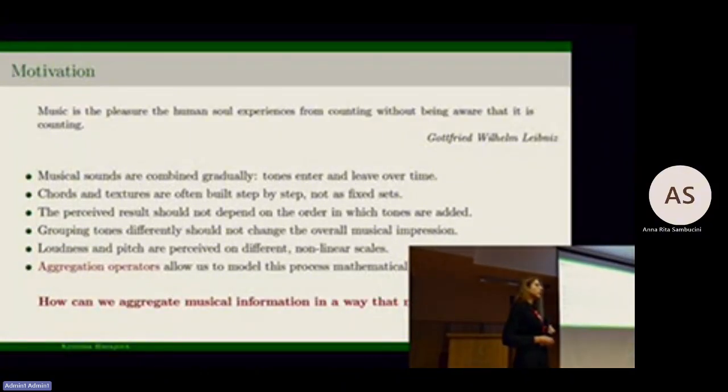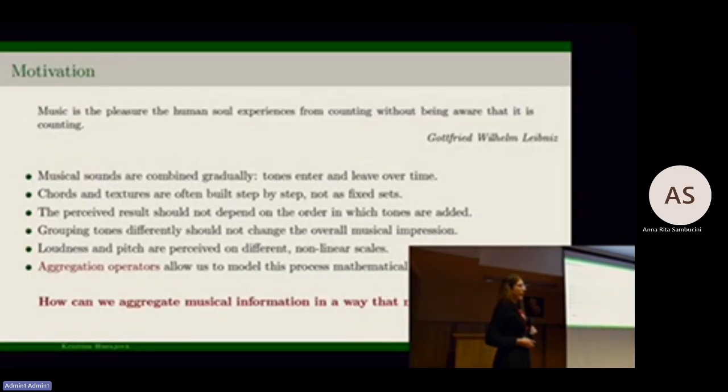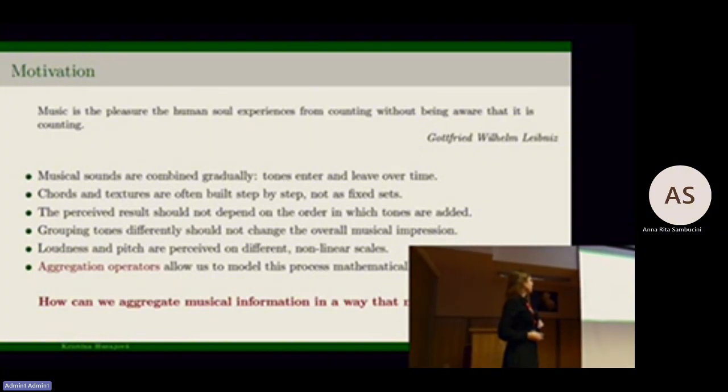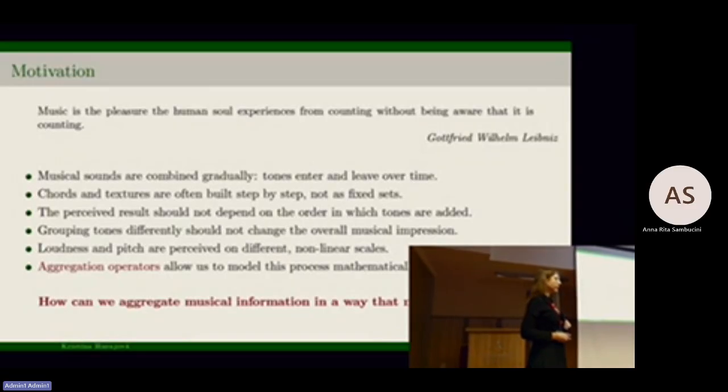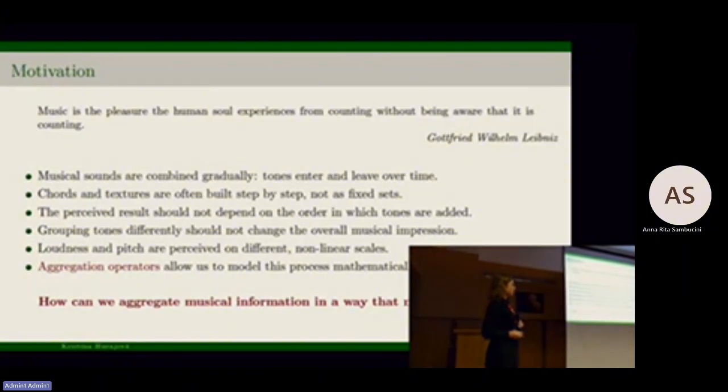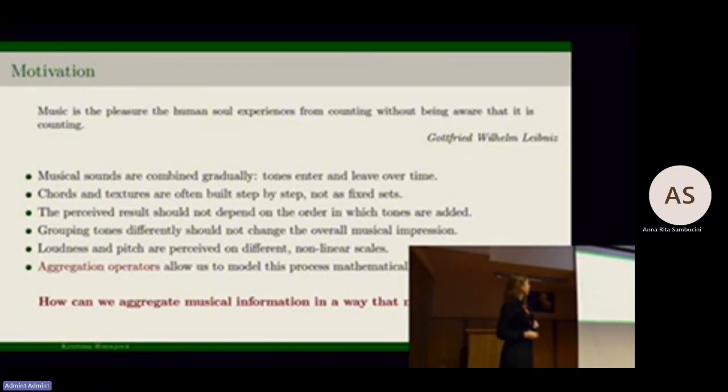So if we want to aggregate a musical sound properly, we need to aggregate on a perceptual scale. And this is the point where the aggregation operators enter the picture, and it naturally leads us to the PIF framework.